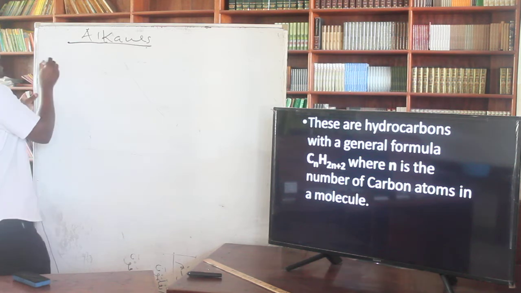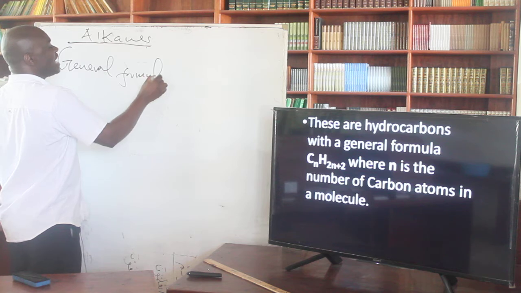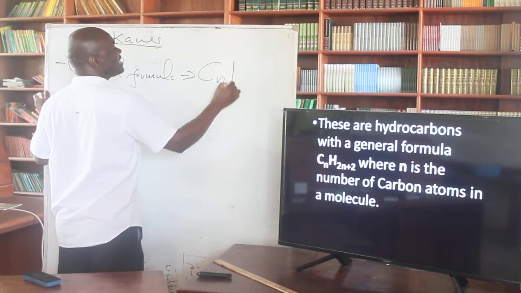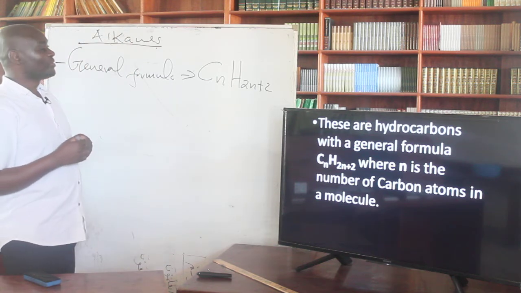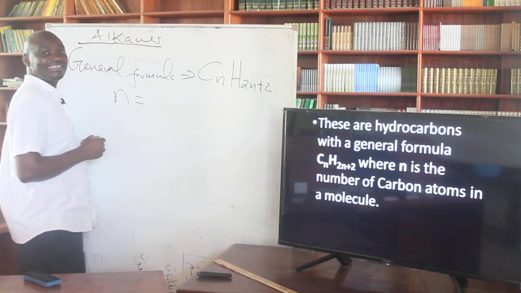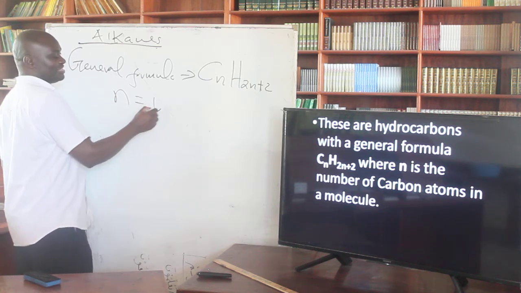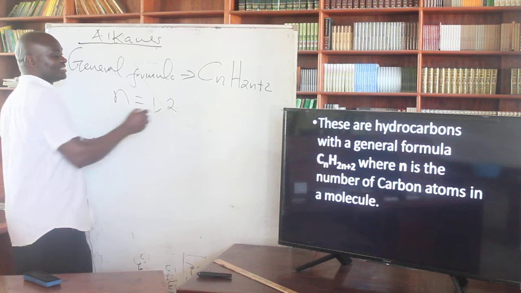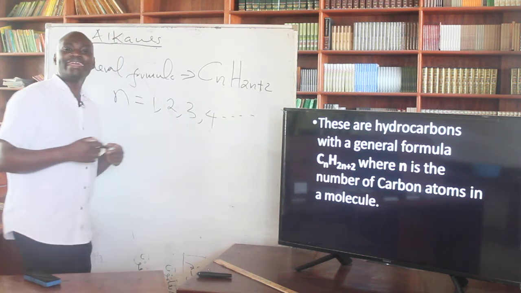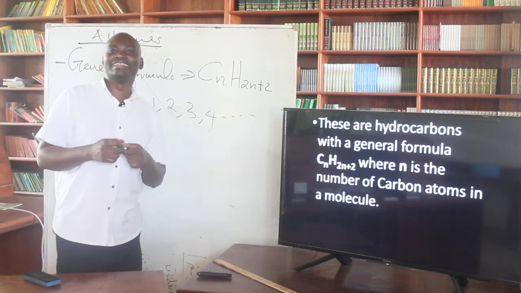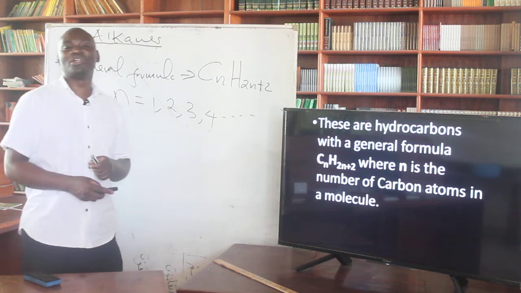Now, alkanes have a general formula, and their general formula is CnH2n+2, where n is the number of carbon atoms. You can have one carbon atom, you can have another alkane with 2 carbon atoms, another one with 3, another one with 4 carbon atoms. So n is a whole number and represents the number of carbon atoms in a given molecule of alkane.